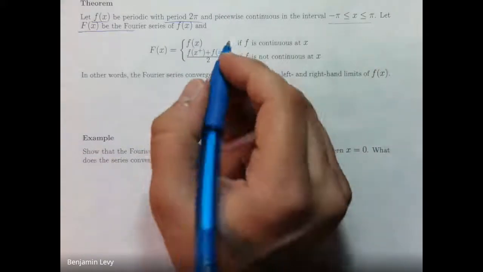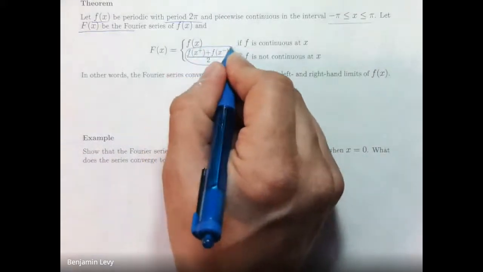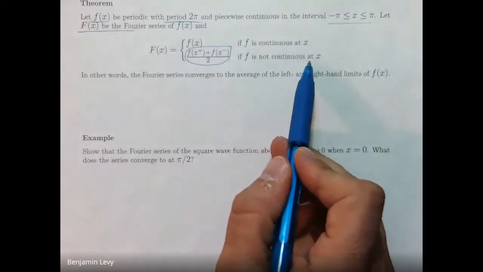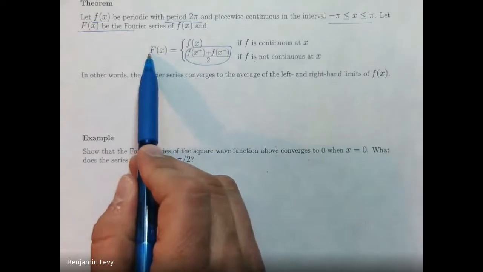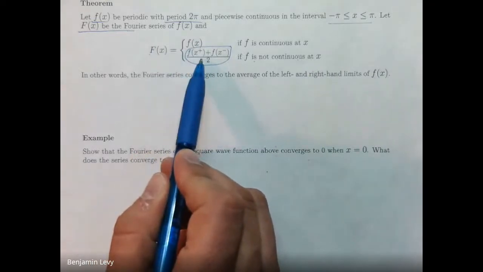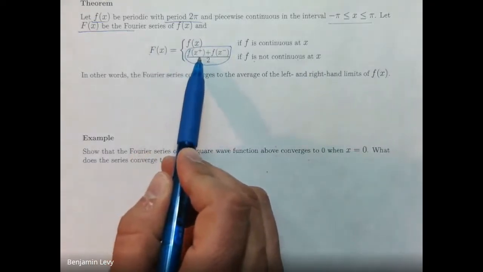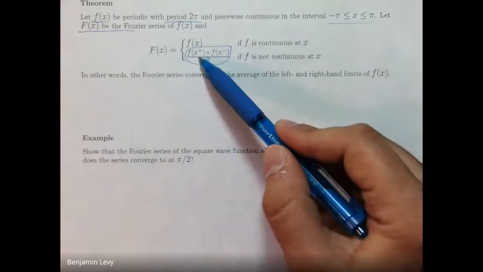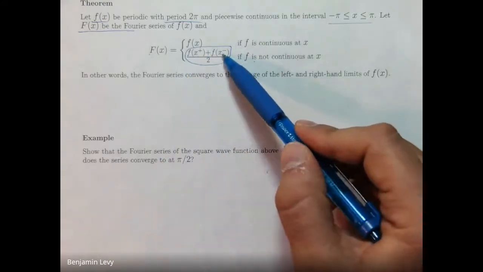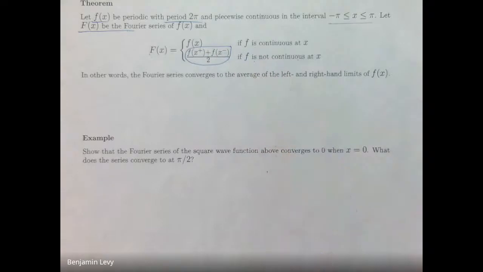The second part, this part right here, is telling us that at a place where the function's discontinuous, the Fourier series is going to converge to the average of the left and the right-hand limits, right? So the f of x plus and f of x minus, we saw that notation in the calculus definition section, and we had said that those were the right and the left-hand limits.